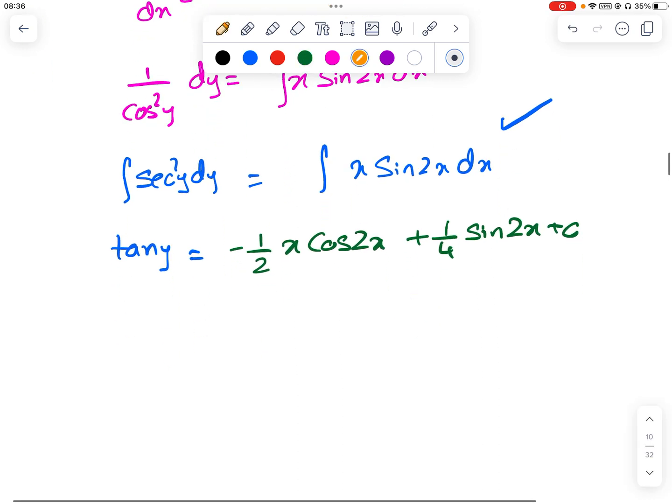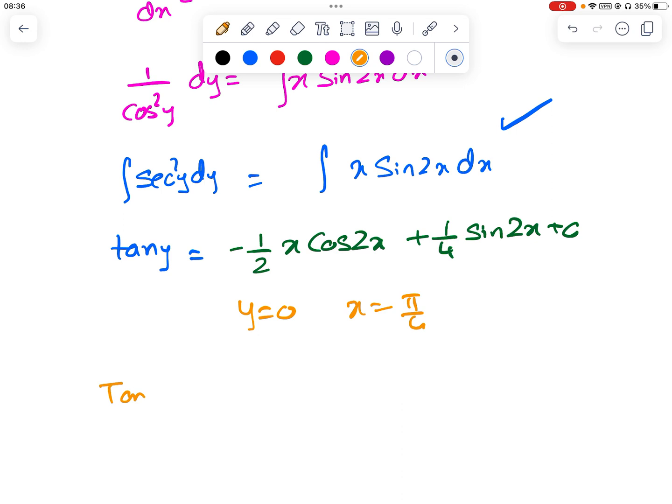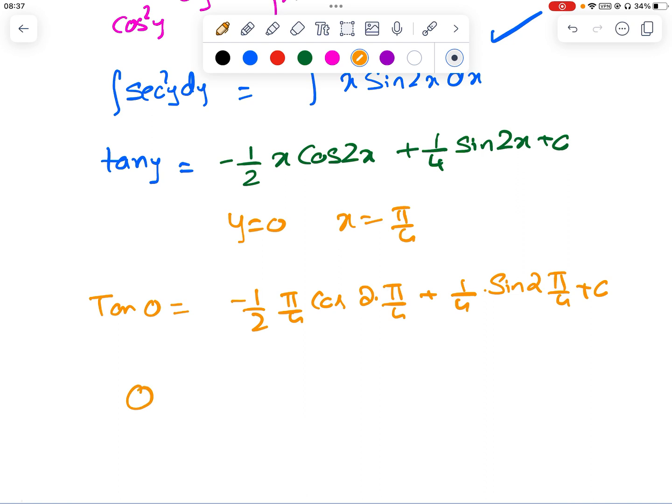Now what am I going to do? Plug in y equals 0 and x equals pi by 4. So tan 0 equals minus 1 upon 2 pi by 4 cos 2 times pi by 4 plus 1 upon 4 sine 2 times pi by 4 plus c. Tan 0 is 0.